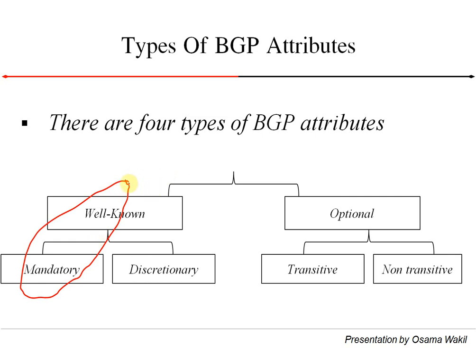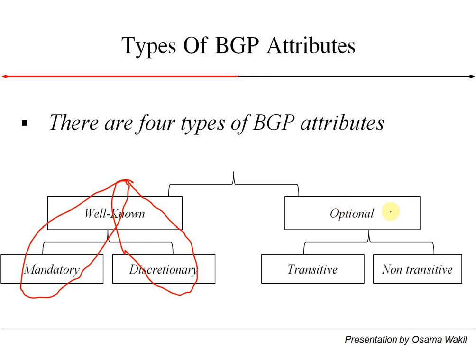Well-known discretionary are those which may or may not be present. It's not necessary for them to be present in every update, but they are well known, meaning all BGP routers know what that attribute means.